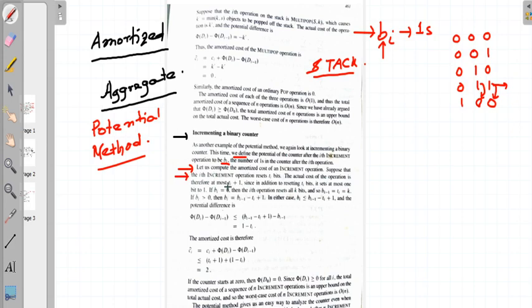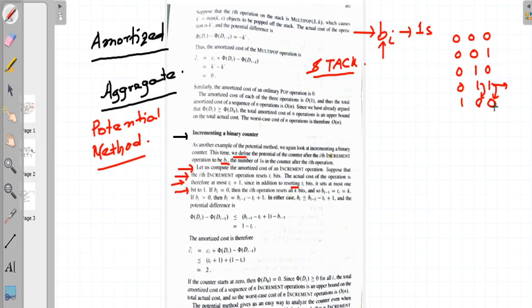Whenever we have the ith increment operation, some bits will be reset, and ti counts that. The actual cost of the operation is therefore at most ti plus 1, since in addition to resetting ti bits, it sets at most 1 bit to 1.